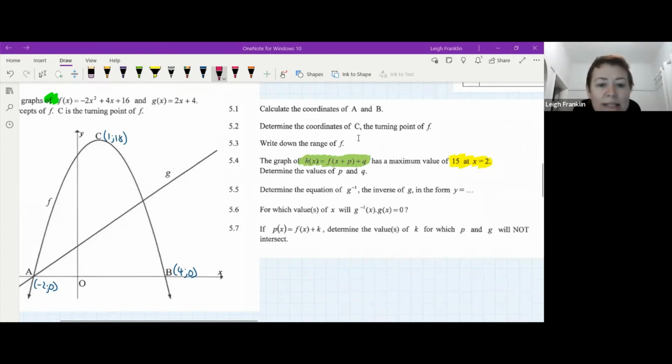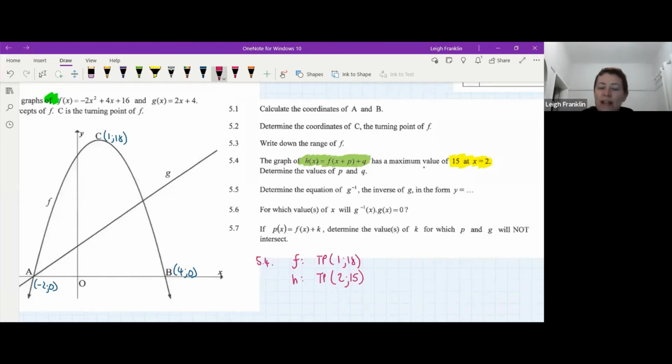Okay, very nice, well done. So what we see here, Matrix, in question 5.4 is this. As far as our graph of f is concerned, its turning point is at 1 and 18. As far as our graph of h is concerned, its turning point is at 2 and 15.